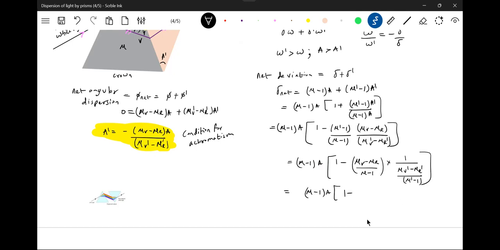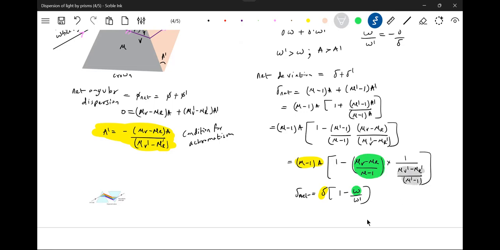This should be the dispersive power. And this quantity will be the deviation. The net deviation is given by this particular formula. So here we have replaced these two quantities by omega.